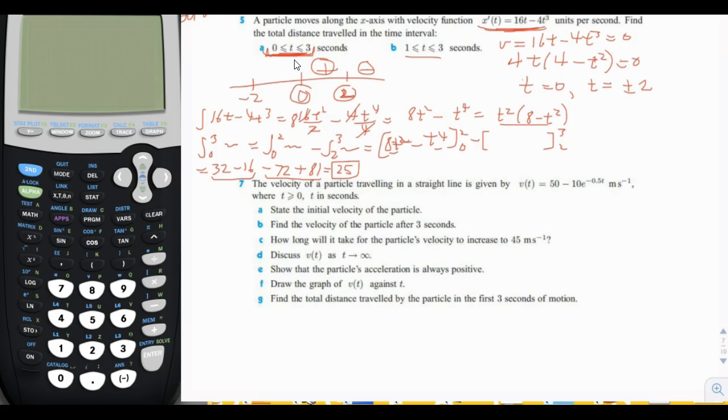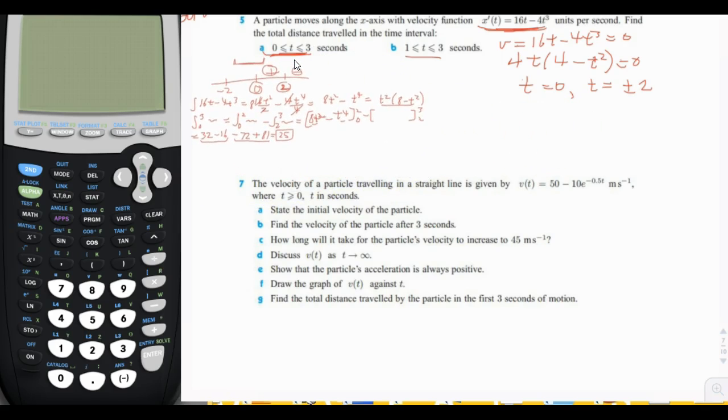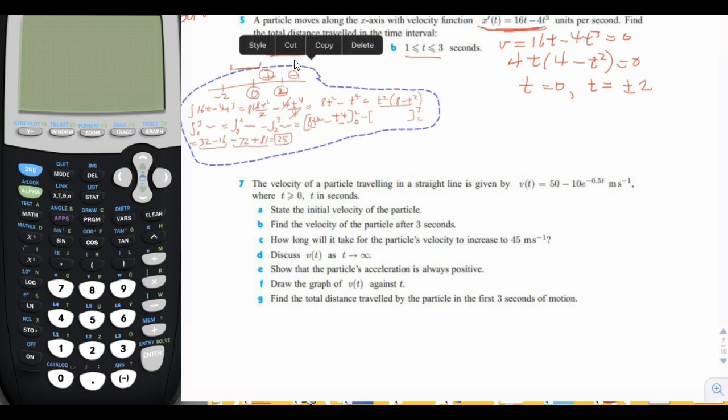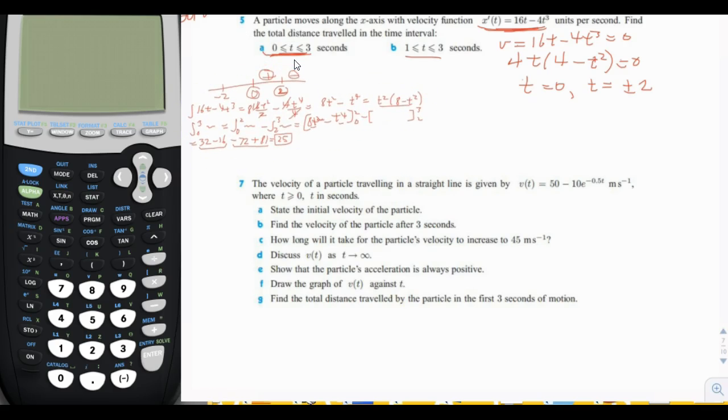The answer to part B would be the same integral from 1 through 3. Let's make this smaller so I can still fit in the other calculation here. Okay, so now we're going to be doing the same integral from 1 through 3. And we know that the 0 point for velocity is 2. So we have to divide this integral into the integral from 1 through 2 plus the integral from 2 to 3.